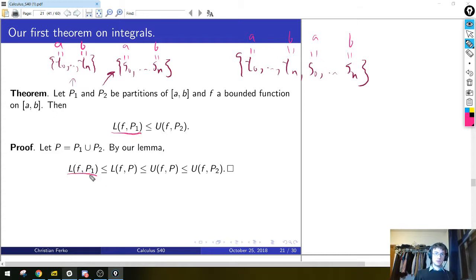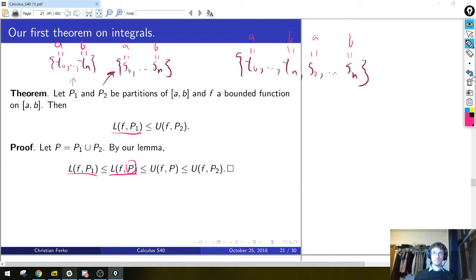We proved that for lower sums, a finer partition always has a bigger or equal area. Well, P is certainly a refinement of P1. P has all of the points in P1 and possibly some more, because P came from a union involving P1, right? So P certainly has all the points of P1.